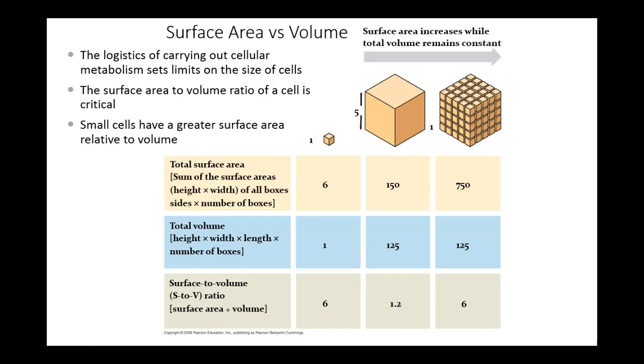That's the first box that you see there. You move on to the second box, which is a single box, and its height and width is 5 times bigger, so it's 5. And so its total surface area, again, height times width of all box sides and number of boxes, is going to be 150.